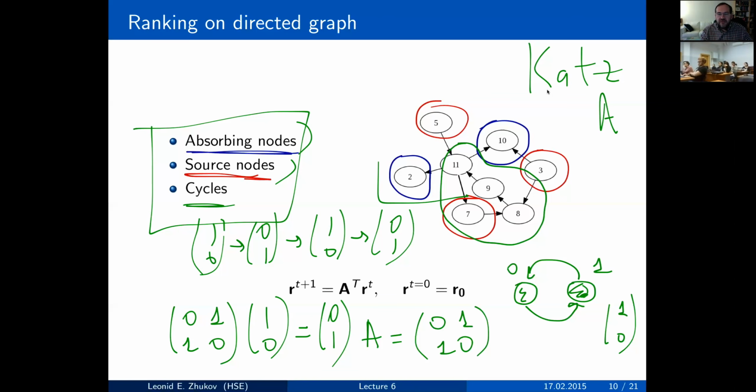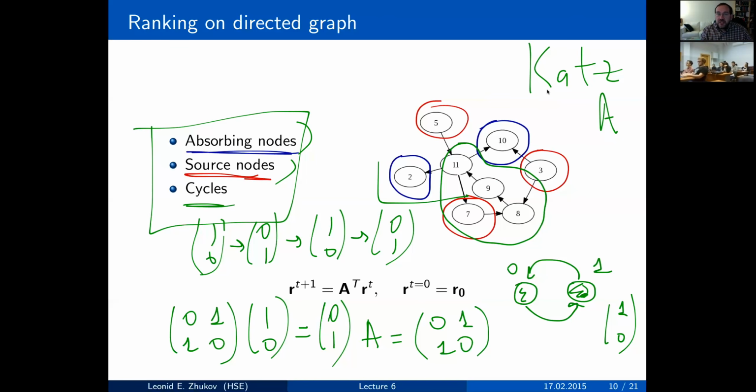Okay, so these are all the troubles you can get into if we just look at the graph and try to introduce this iterative reinforcing procedure, where the ranking on a node will depend on the ranks of the nodes that point to it.